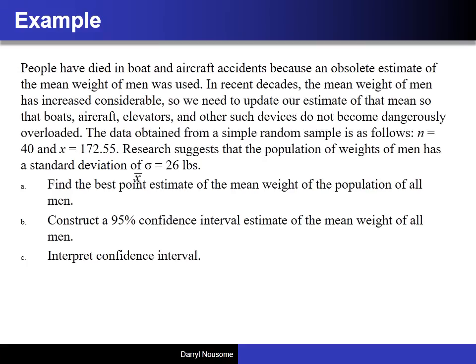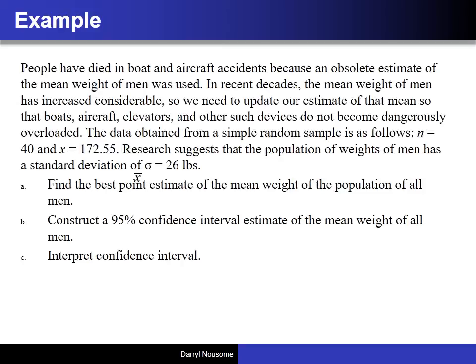So try this example on your own, where people have died in a boat, because an obsolete estimate of the mean weight of men was used. In recent decades, the mean weight of men has increased. The data obtained from a simple random sample is as follows, where n is 40 with a mean of 172.55.